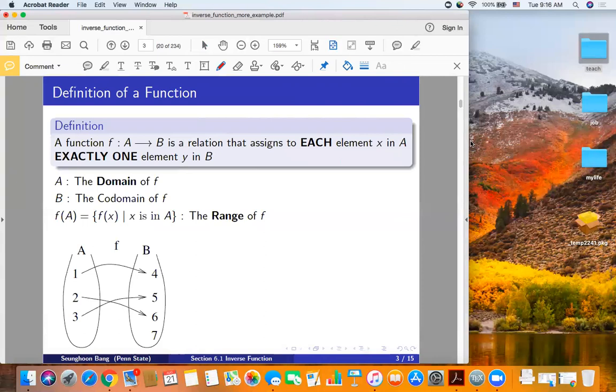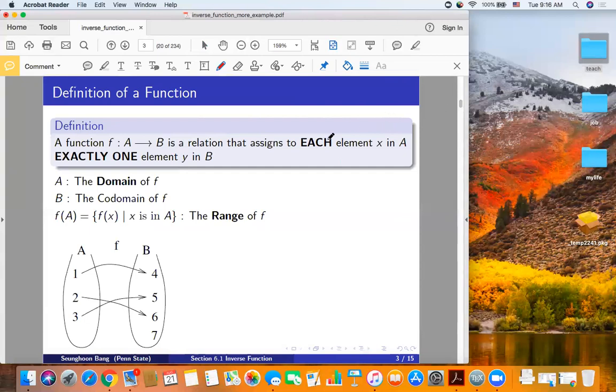What do you think? Yep, two people answered this question. Thank you. So this is a function.